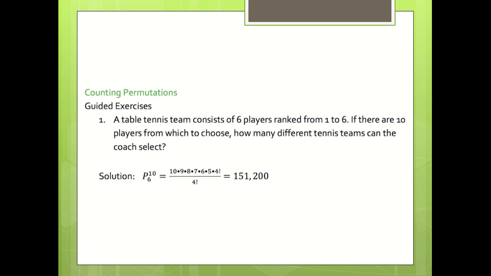Here, the clue that a particular order is to be followed is that there is a particular rank, rank from 1 to 6. So our n is equal to 10 and r is equal to 6. So the permutation of 10 different tennis players chosen 6 at a time is equal to 151,200.